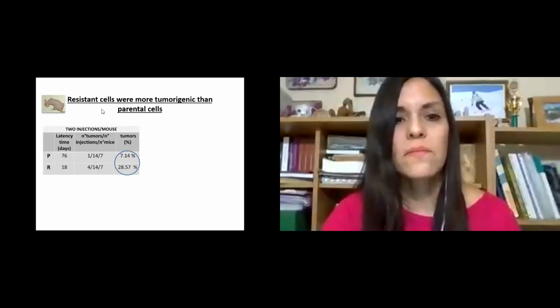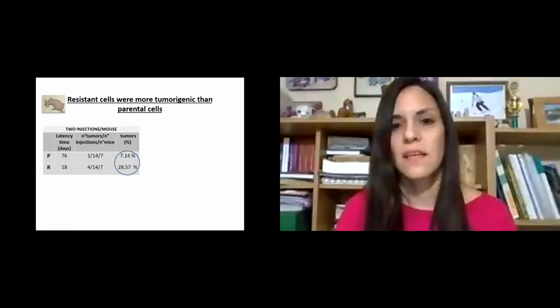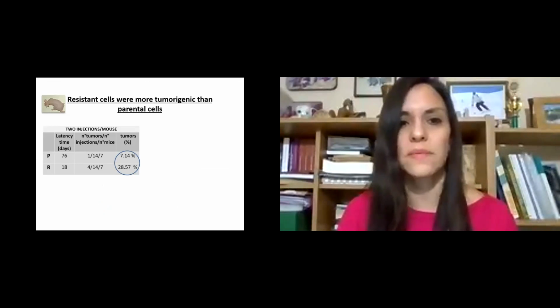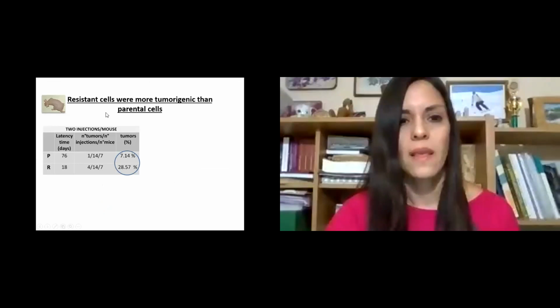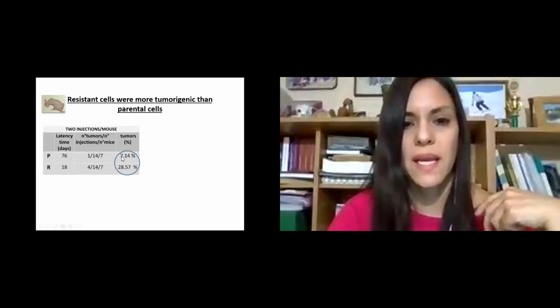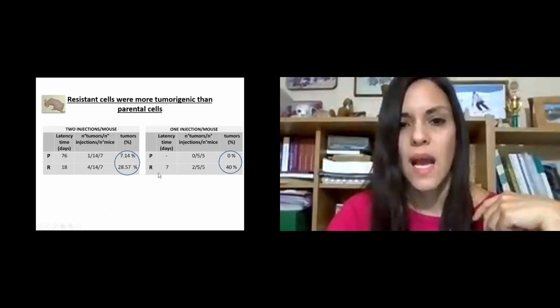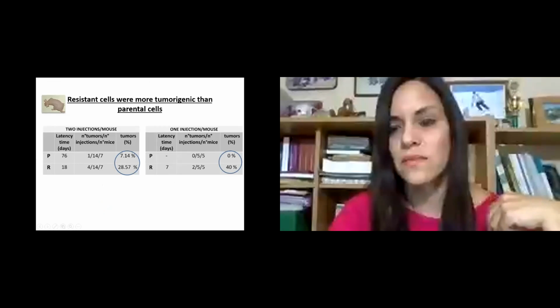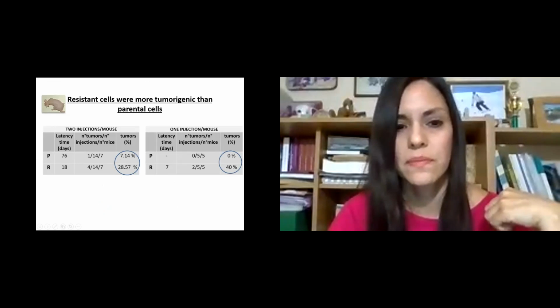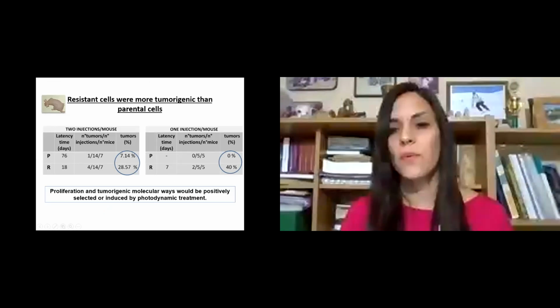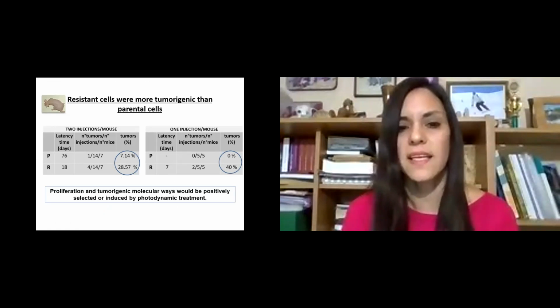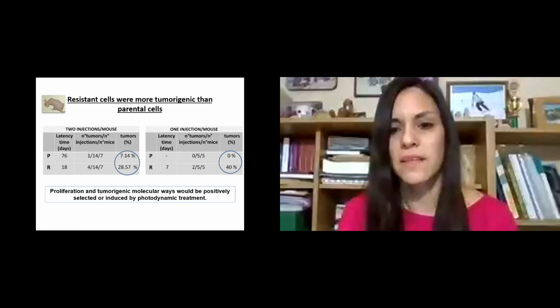Furthermore, resistant cells were more tumorigenic than parental cells when they were injected subcutaneously in immunodeficient mice, both when 2 injections were made per mouse and when a single injection was made per mouse. Proliferative and tumorigenic molecular pathways will be positively selected or induced by the treatment.